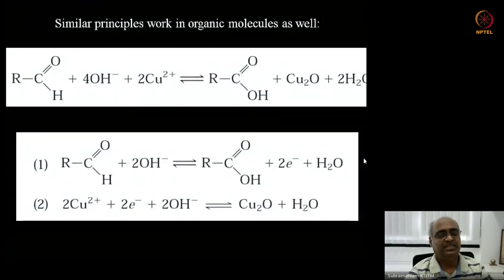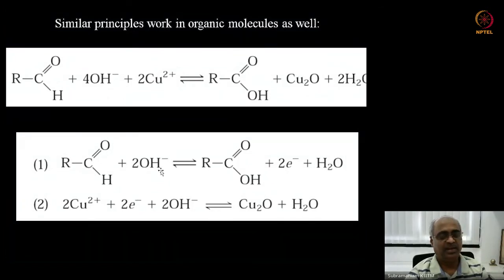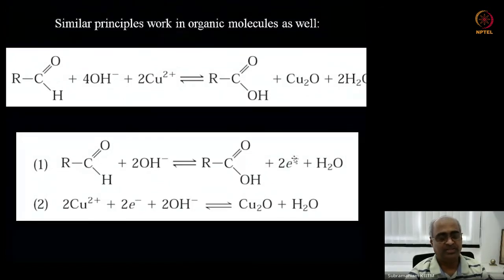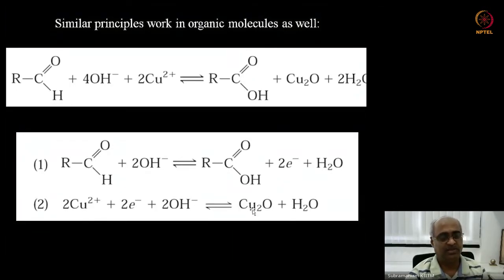Okay, so that's the reduction. So now you can write this as two redox pairs, one aldehyde and the hydroxyl group, and then the two electrons being released. And in the second step, the two electrons are transferred to the cupric to become cuprous oxide. Okay, because this uses two copper molecules, you balance the equation by having two copper ions here.